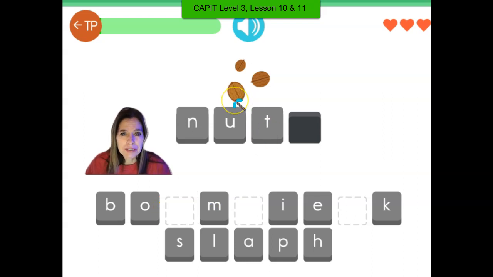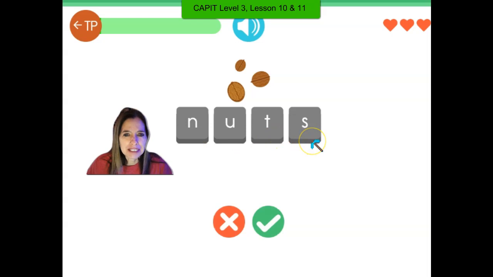If I just had one of these things, it would be called a nut. Since I have more than one, I'm going to add that suffix S to the end to make it plural or more than one. Nuts. So in this lesson 11, we are going to be practicing using this suffix.